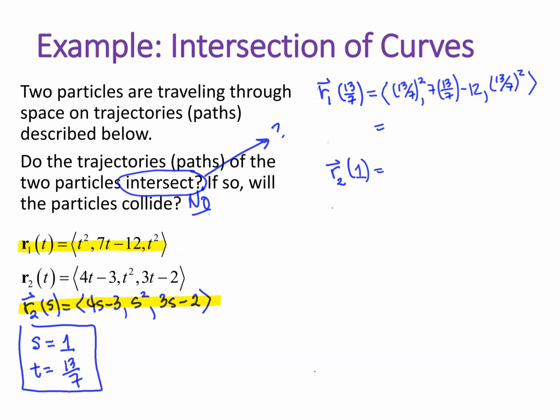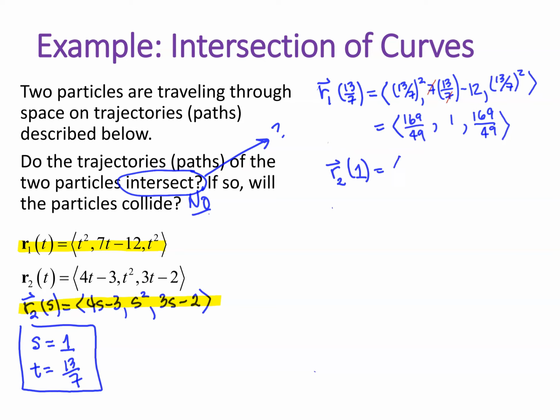If we simplify those, the x component becomes 169 over 49. For the y component, the 7's divide out, and 13 minus 12 is 1. And then we have 13 over 7 squared again, so 169 over 49.